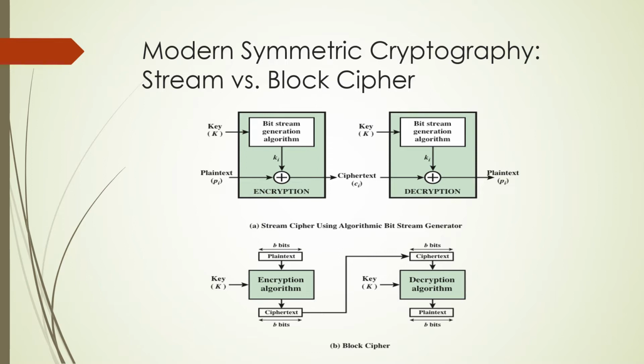But the block cipher algorithms will encrypt a chunk of plain text with a specific constant size, let's say b bits, and that's going to create a b-bit ciphertext, and the ciphertext chunk with b bits will be decrypted into b bits of plain text in the decryption algorithm.